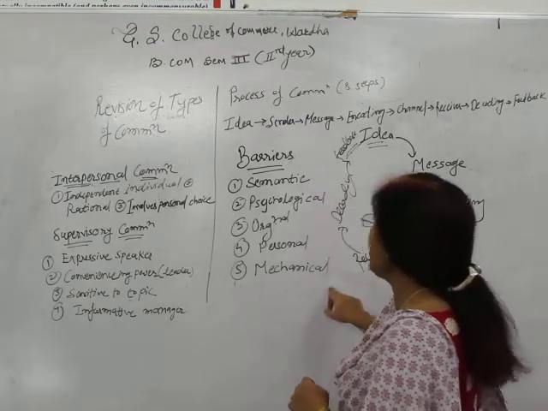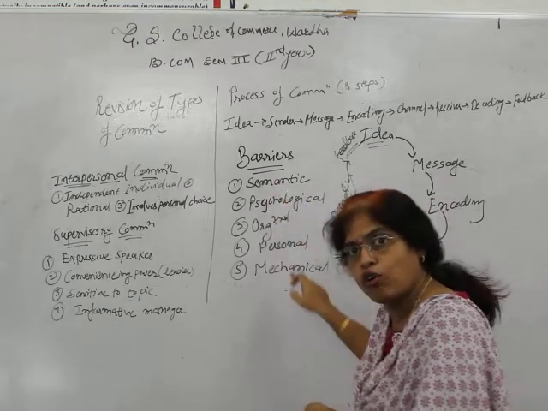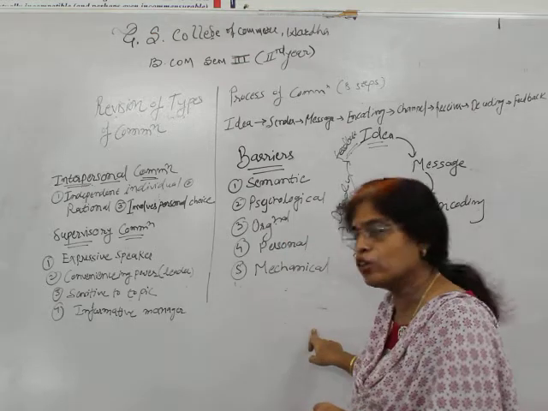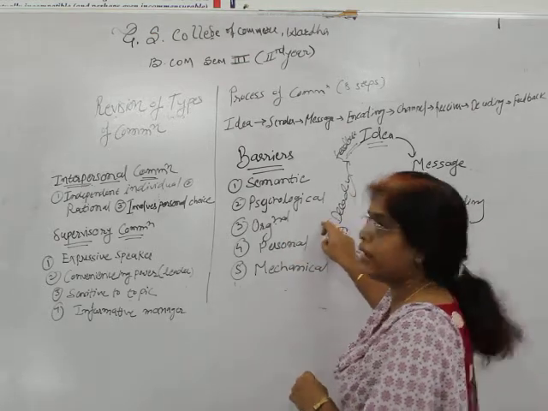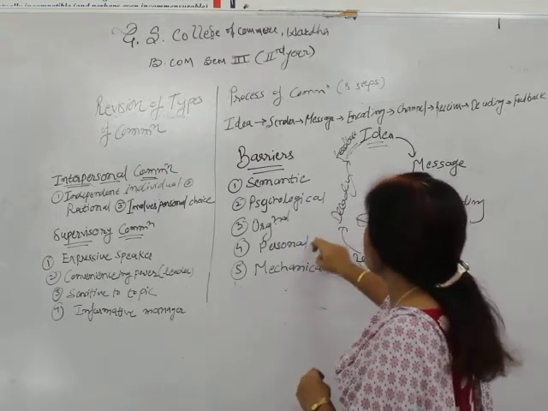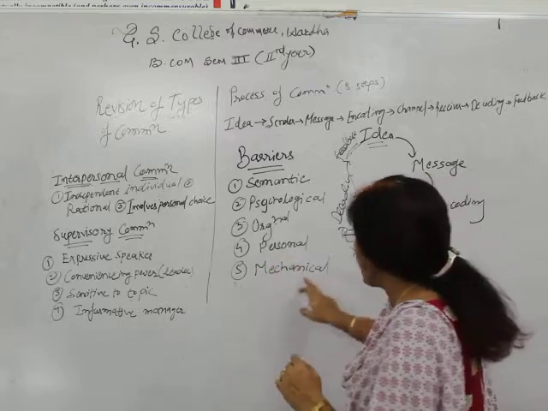These are the different types of barriers. Semantic barriers again have four to five topics, psychological have five topics, organizational barriers are again divided into four to five types, and personal barriers also have four, five, six topics, and then mechanical.